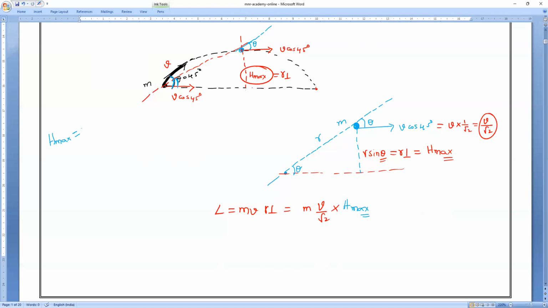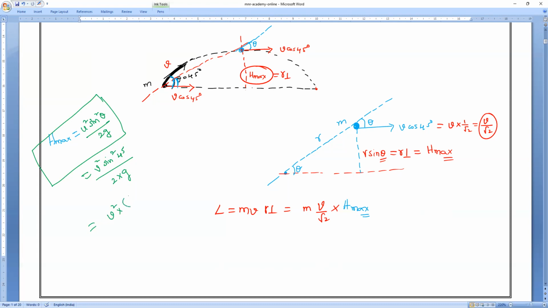So the maximum height attained by the body in projectile motion is u square sine square theta divided by 2g. Forgetting like this is no use, you have to remember every formula. So velocity is v, and theta is 45 degrees, so it is v square sine square 45 divided by 2g.